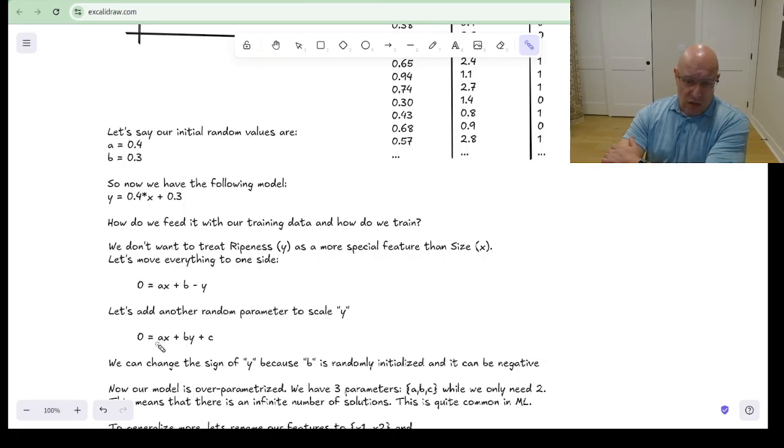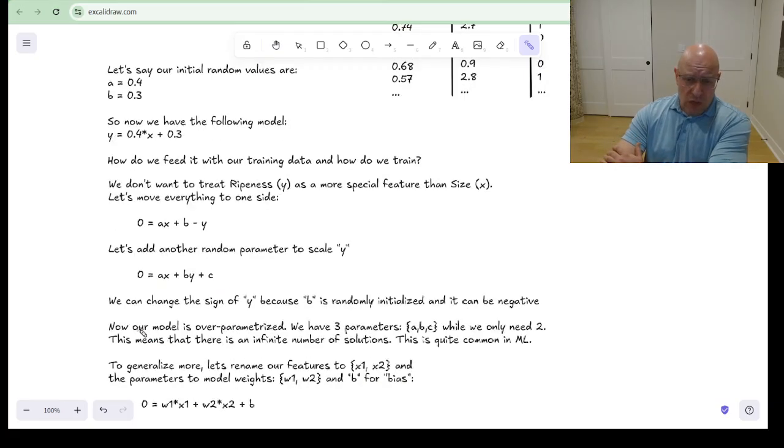Specifically, I can double all of the values, double a, double b, and double c, and still get the same equation, right? This is quite common in ML to have over-parameterized models. This is normal. Sometimes we'll want to deal especially with this, but generally it's fine.